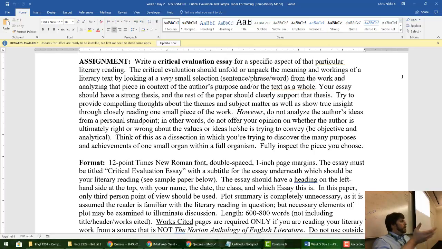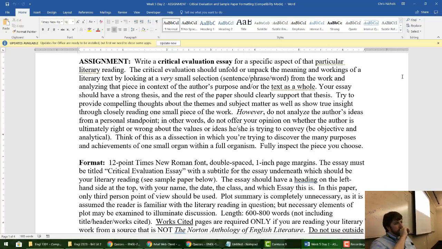Without a thyroid gland, a lot of people would die. So it's important. You have to know exactly what its functions are and how it contributes to every function of the body. It's kind of like that with this piece. You're going to pick a selection from the literary work and think, this literary work would not be able to function in the way that it does if this piece that I've chosen were not there in exactly its form and establishing the meaning that it established.